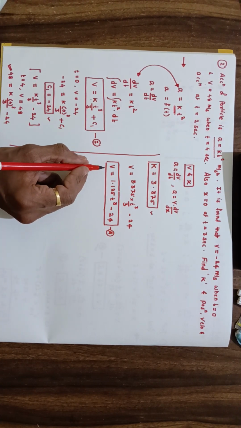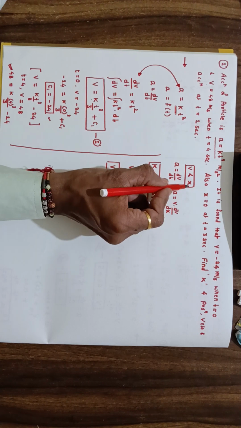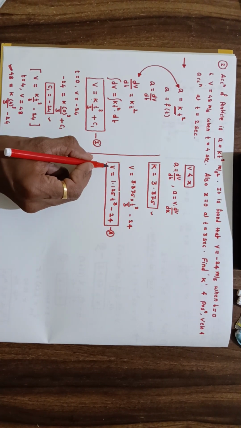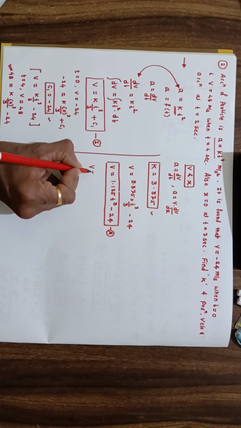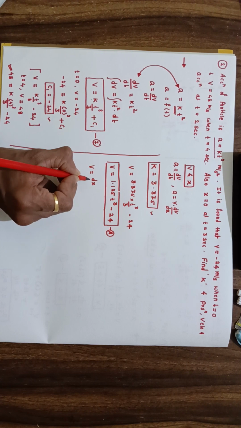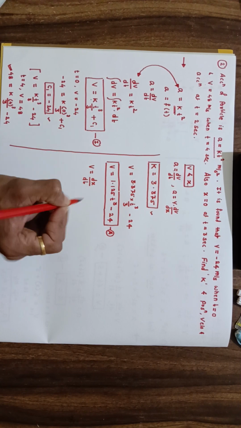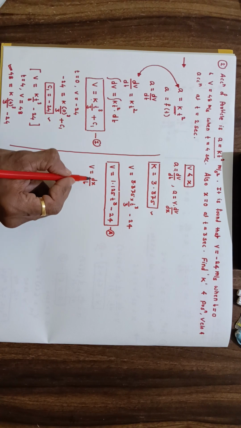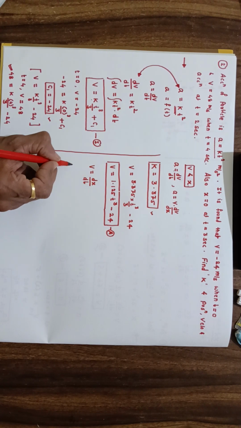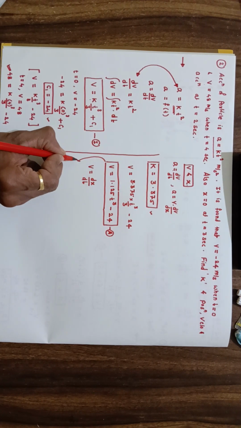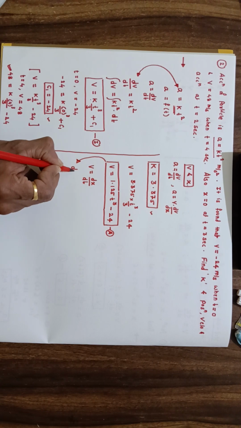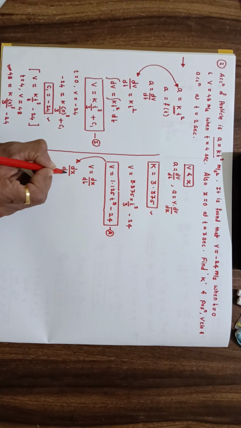Now from the velocity, again we have to find out the position. So replace the value of v by the equation dx by dt, and then we have to integrate. Okay, so put the value here of v. So from this equation, v is dx by dt.